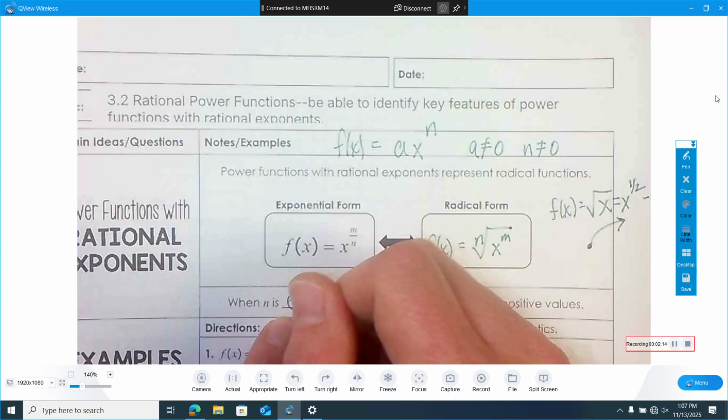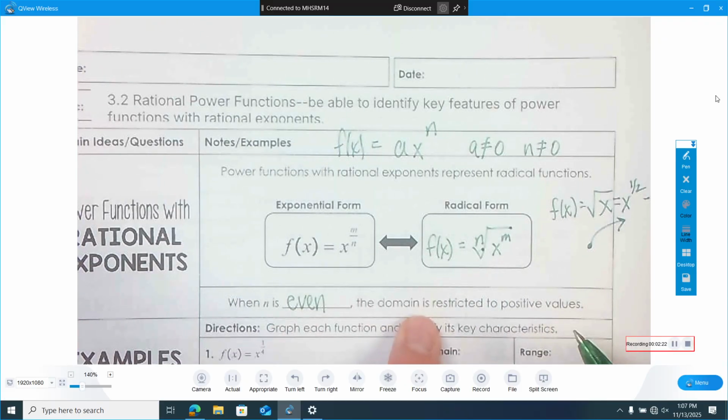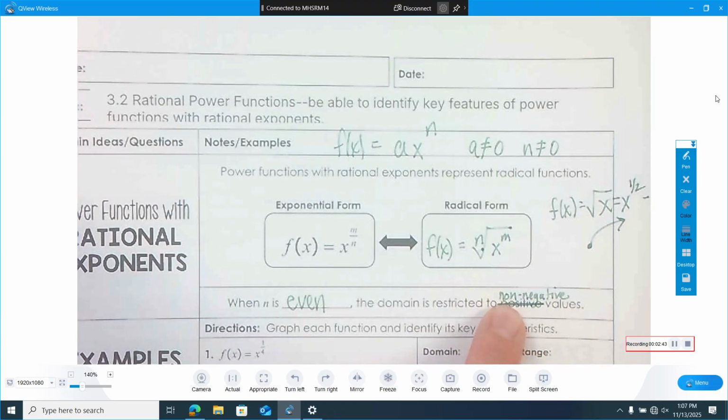Once again, when n is an even root, so if it's a square root or a 4th root or a 6th root, the domain is restricted. So this is actually a mistake. It's not technically positive. It's more accurate to say non-negative. What does non-negative mean?